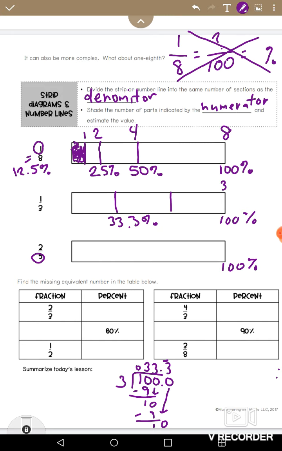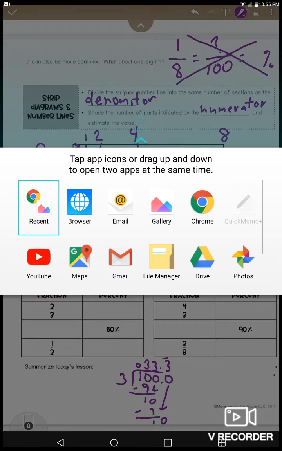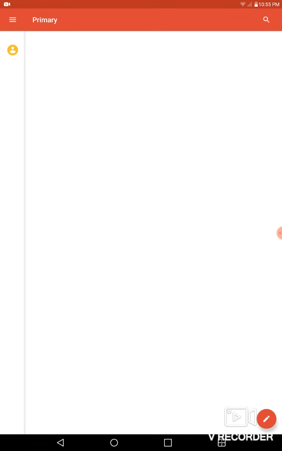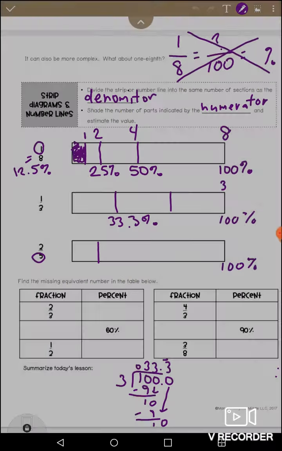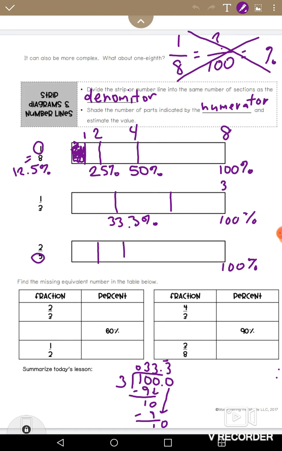The denominator tells us 5. So we're going to mark 1, 2, 3, 4 gives us 5 equal parts. 1, 2, 3, 4, 5. So that's 5 equal parts. So I divided 100% divided by 5.